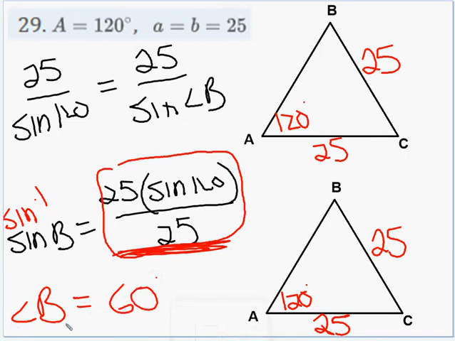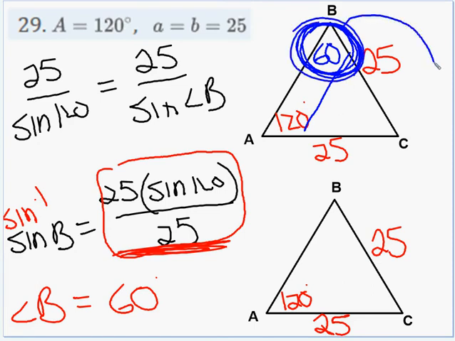So we're like, okay, we didn't run into any problems. We found this angle. So let's go back to our triangle. If this angle B is 60 degrees, is it possible to have a triangle here? No, because these two angles together take up 180. There's nothing left over for angle C. Now remember in class, as soon as we found this angle B, if we wanted to check for a second triangle, we would subtract this angle from 180.